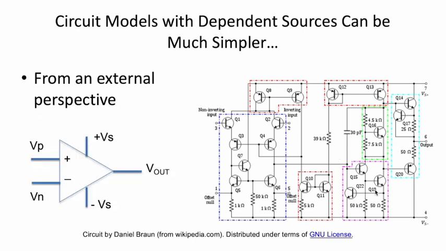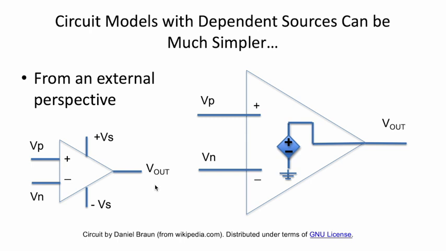Now, this is rather complicated internally, no doubt, but from an external perspective, we can describe it as such with two inputs, VP, VN, and Vout, and all that more complicated arrangement internally can be approximated, let's say, using a single voltage-controlled voltage source.